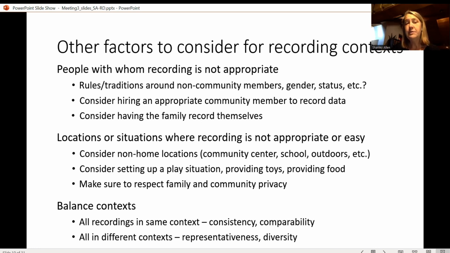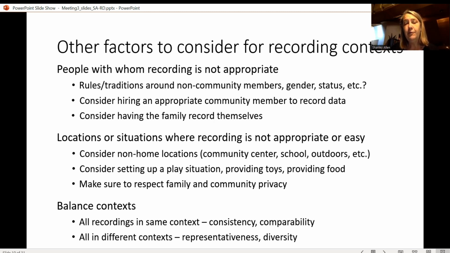Then locations or situations where recording is not appropriate or easy. So I recorded always in the home, and I found that very straightforward, but you could also consider non-home locations if the home is too open or there's too many other people there that you'd have to not include in the tape. So for example, a community center, a school, an outdoor setting that's relatively quiet.